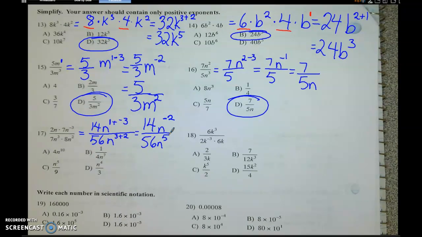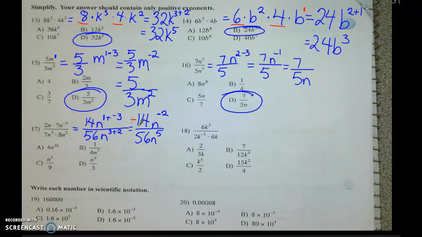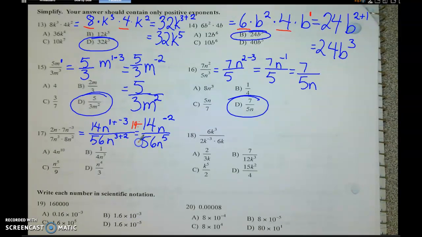Now looking at this and trying to figure out what we can do with this. So I'm going to first look at my coefficients. 14 divided by 14, try to simplify. And over here, if I divide by 14, 14 divided by 14 is going to give me 1 over 56 divided by 14 is 4.